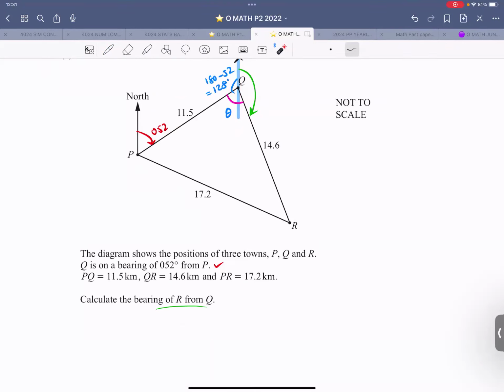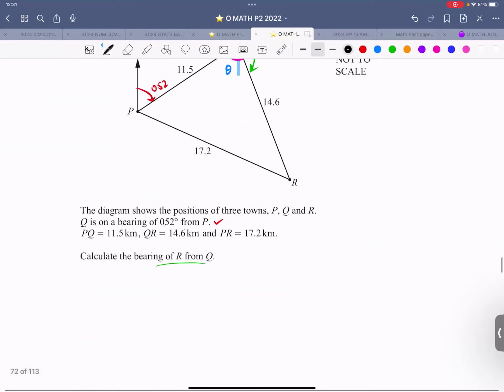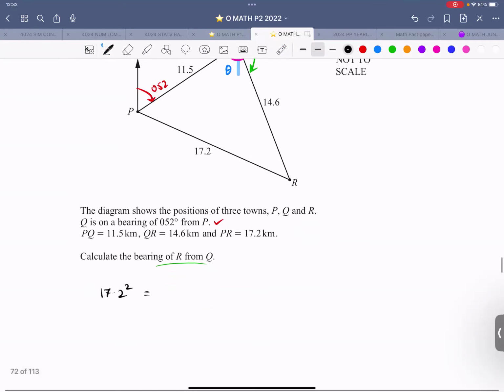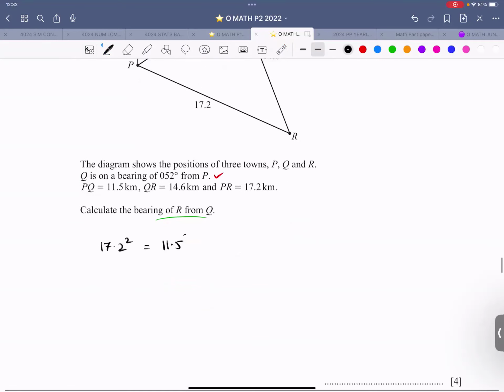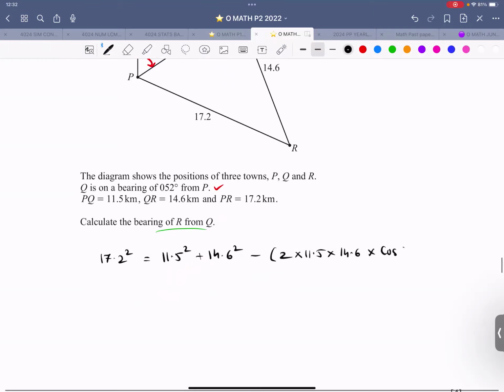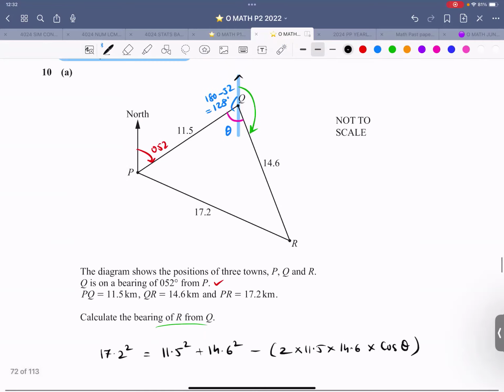So if I use cosine rule, therefore 17.2 squared is equal to 11.5 squared plus 14.6 squared minus 2 into 11.5 into 14.6 into cosine of this angle theta. Okay.